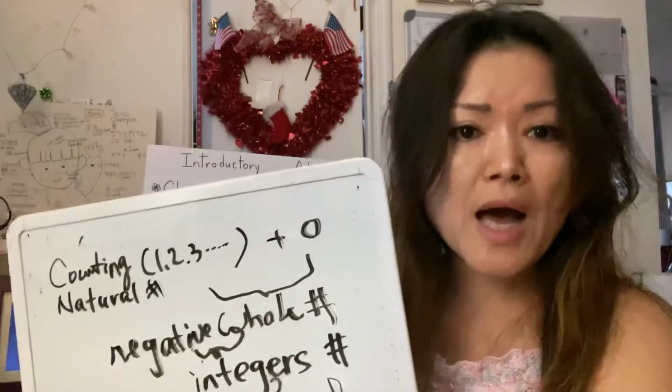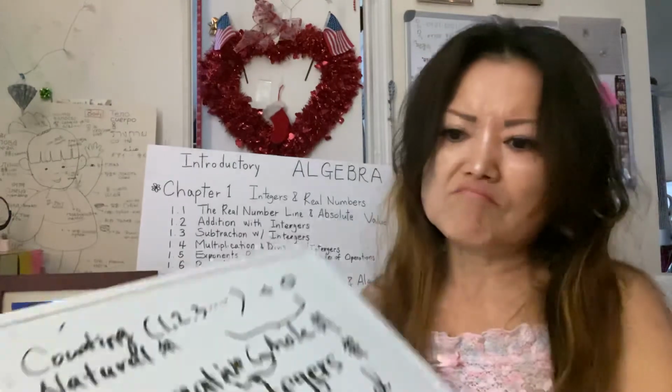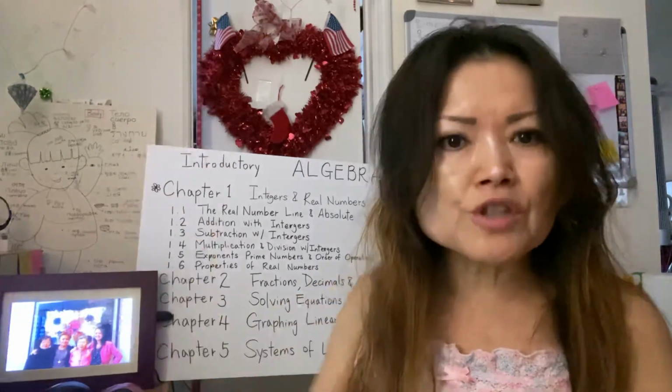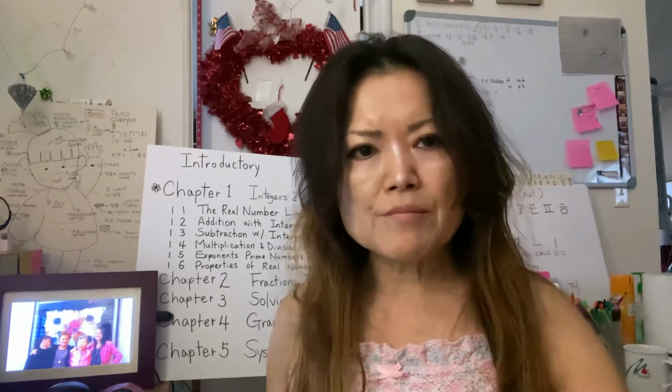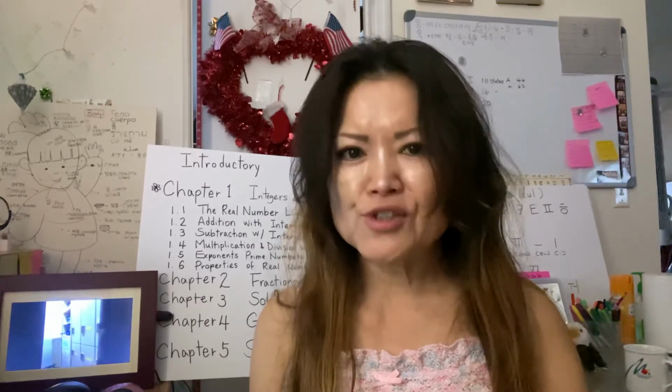For example, pi, 3.14, continues on forever, right? That's called an irrational number. So please remember, real numbers are irrational and rational. Rational numbers are non-integers and integers.